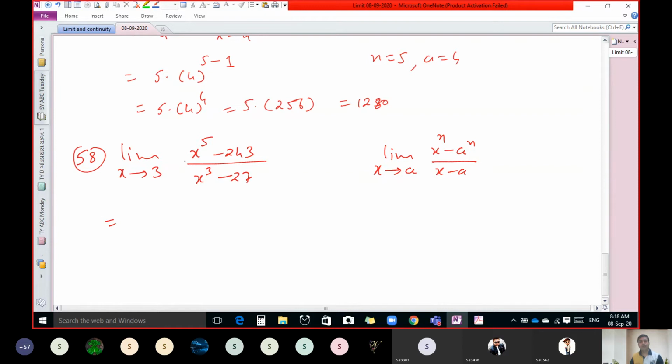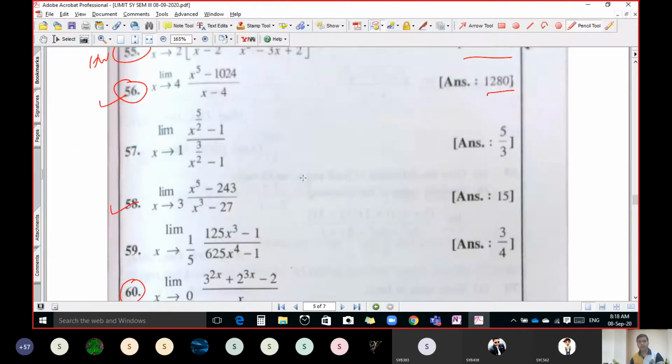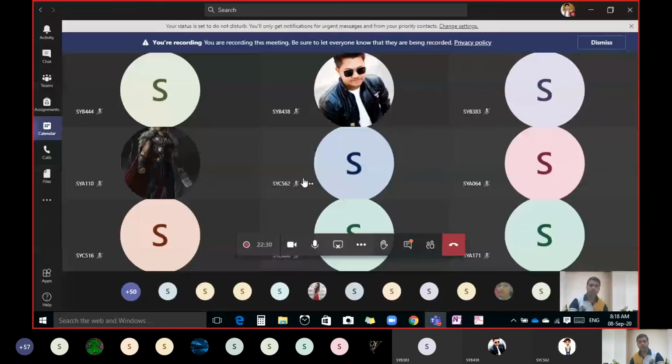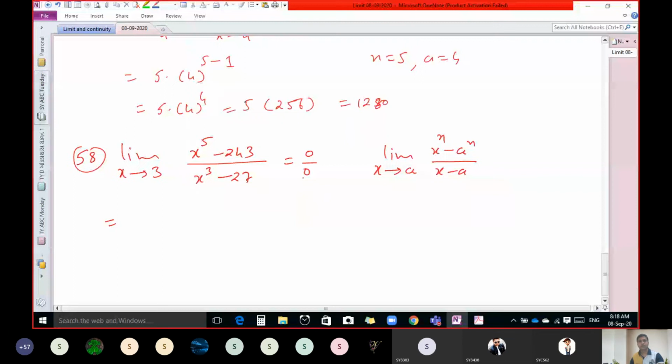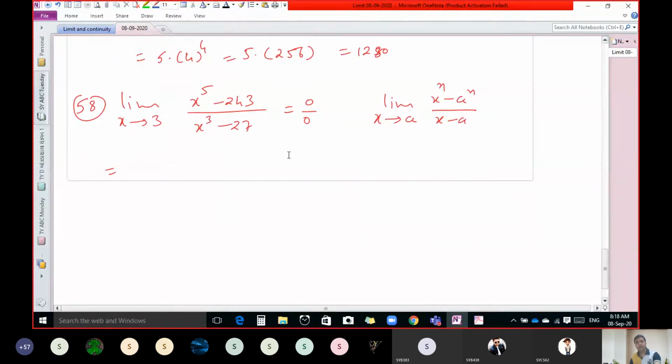If you put x equal to 3, we get 3 raised to 5. It is always required to verify whether we have 0 by 0 or not. And if we don't have 0 by 0, whatever we have, that is your answer. So no need to do any further step if we don't get 0 by 0. Okay. Now here if you put x equal to 3, we get 0 by 0. So what do we require to do? See, one simple step.